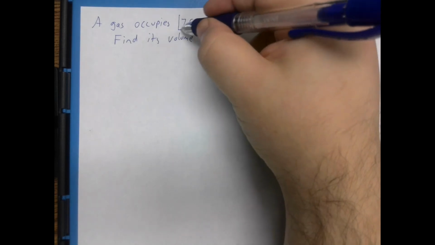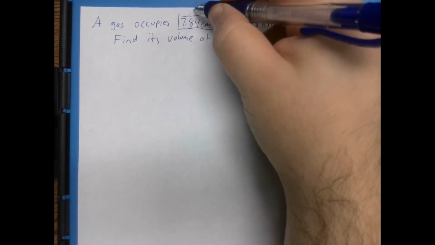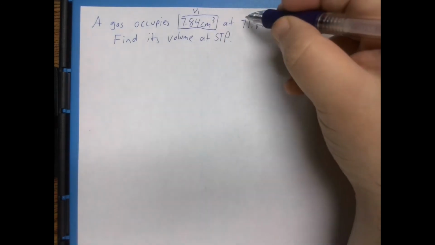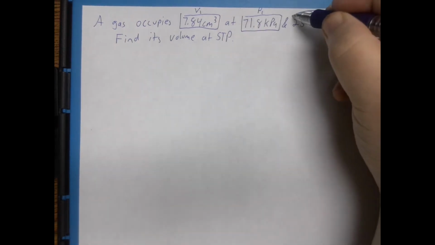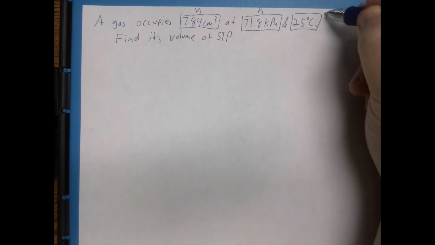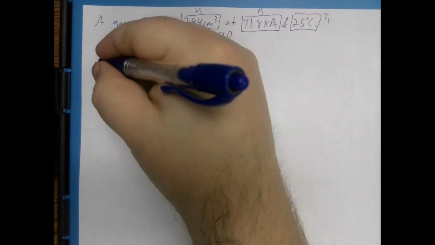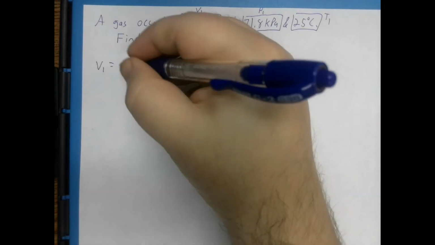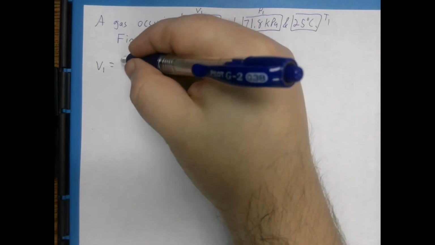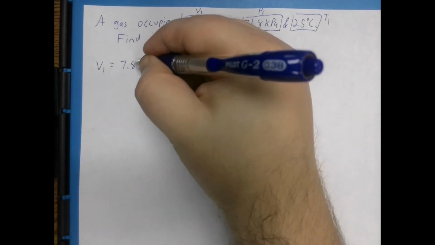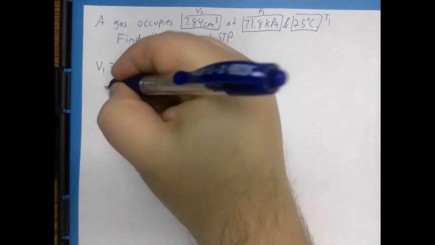So here, cubic centimeters is the volume, kilopascals is the pressure, and degrees Celsius is the temperature. So our initial volume is equal to 7.84 cubic centimeters.